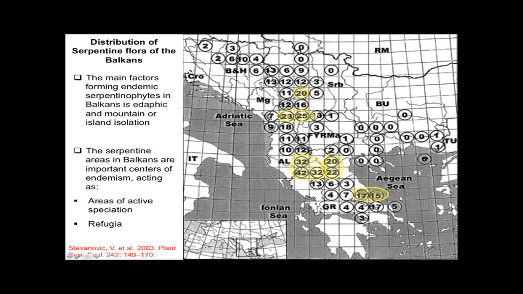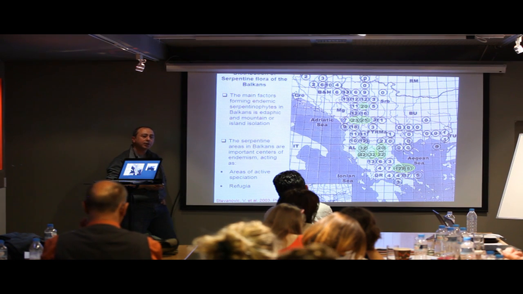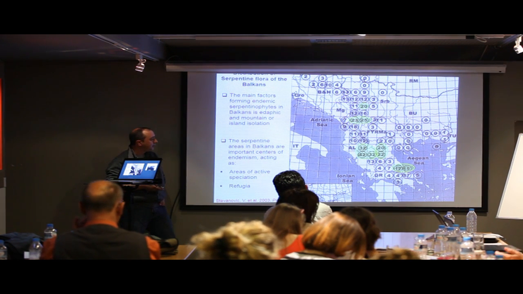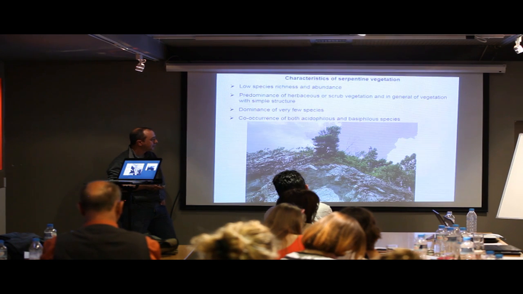And the serpentine areas in the Balkans are very important because they are areas of active speciation as well as refugial areas for paleoendemic species.